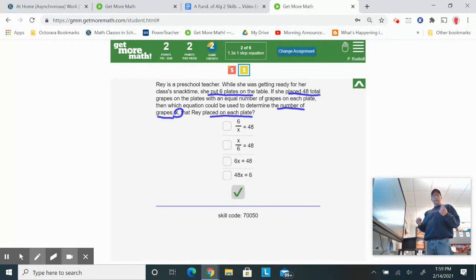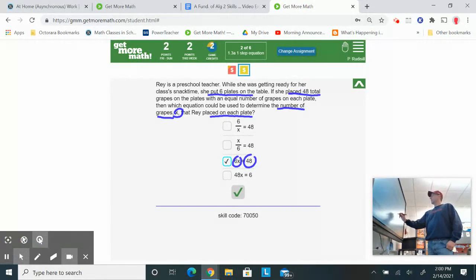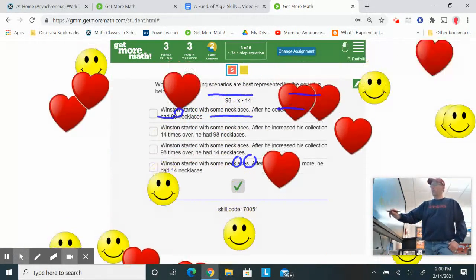So 1 plate, that'd be 6. 2 plates would be 12. So you're multiplying together the x and the 6. And then you would have a total of 48. You could use that equation. You divide by 6 on both sides, get x equals 8. So it should be putting 8 grapes per plate. So that's the equation that would make sense for that situation.